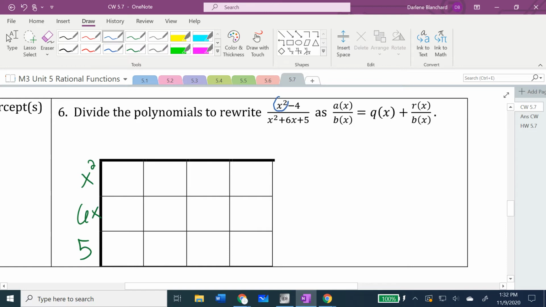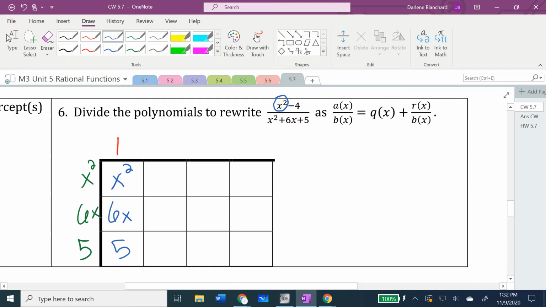My numerator polynomial starts with an x squared. Now, what goes here? Good. We're looking at x squared times what is x squared? And then 1 times 6x, 1 times 5.